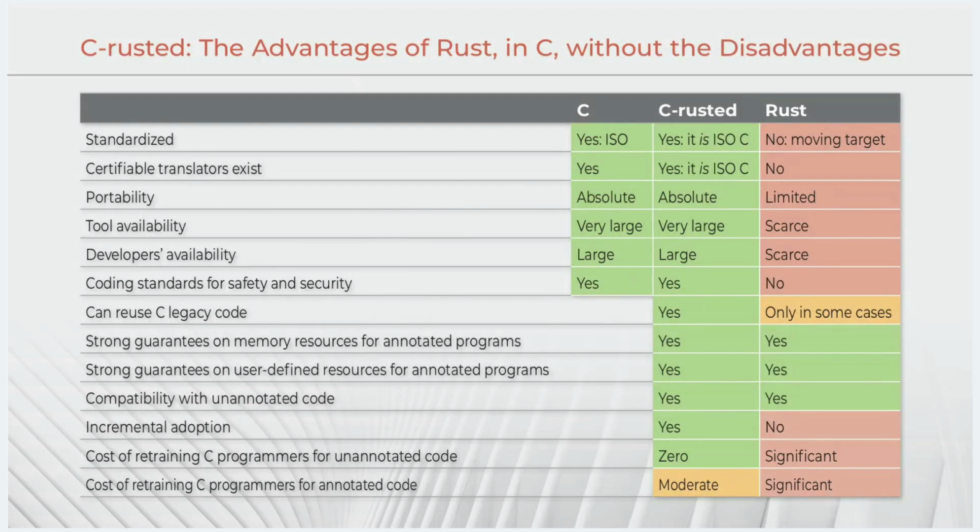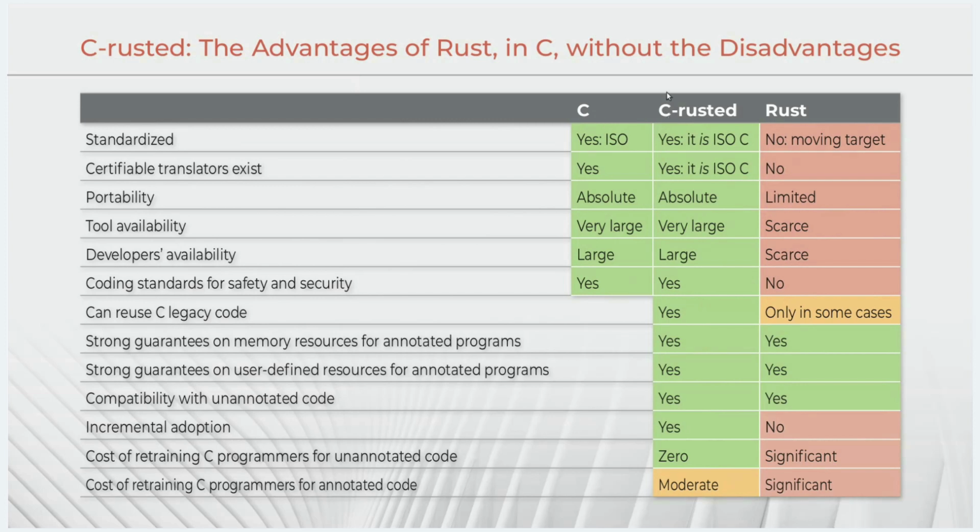In this table, we compare C rusted both with C and Rust, and it can be seen that C rusted joins the good things of C with the good things of Rust. First of all, C rusted is ISO C, so it is standardized.